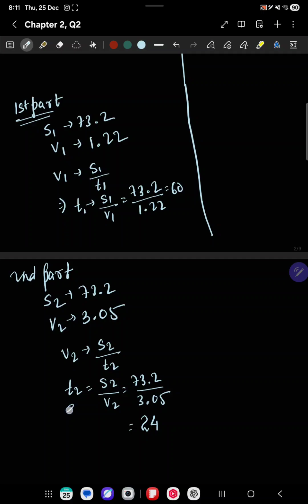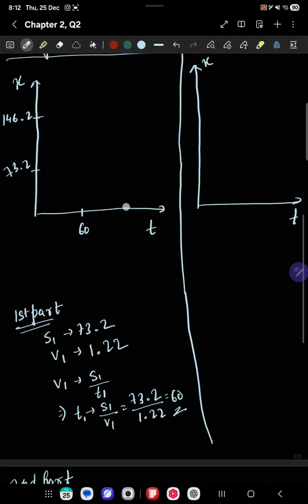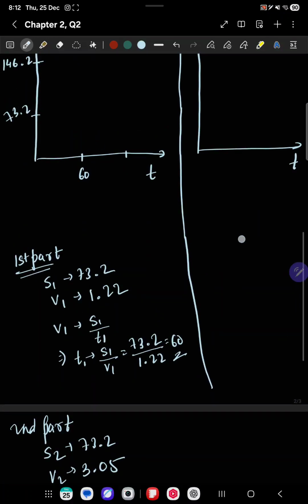So this T2 is coming after T1 has been completed. So we will just add this T1 and T2, and we will plot it here. So 60 plus this 24, we will get a value of 84.